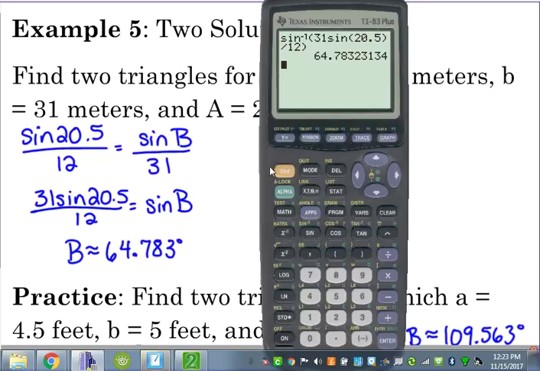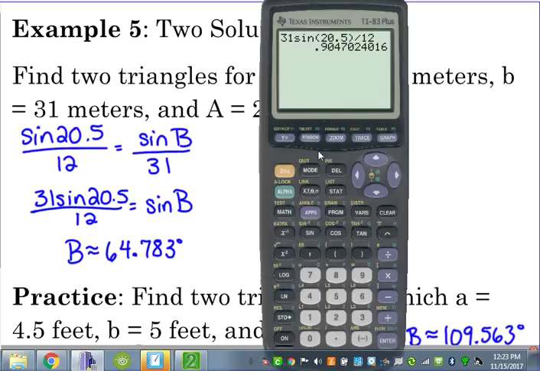Now, let me take this back a step before we do the inverse part. I just want to see what the value of 31 sine of 20.5 over 12 was. It was equal to 0.90.